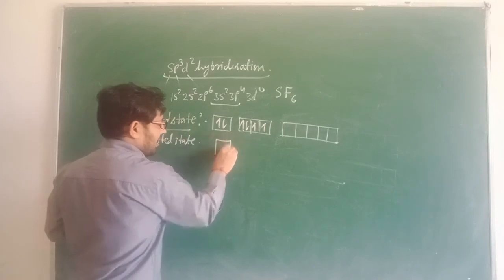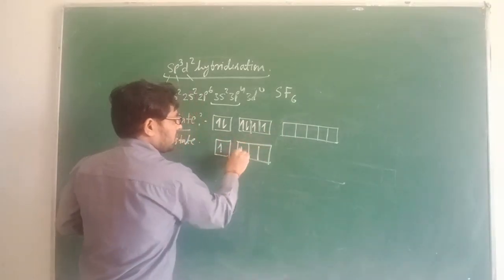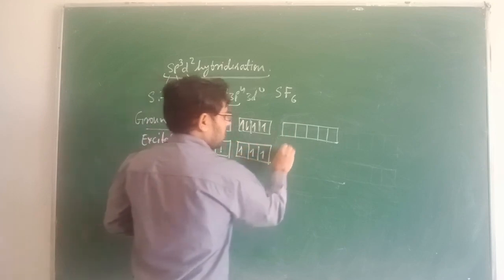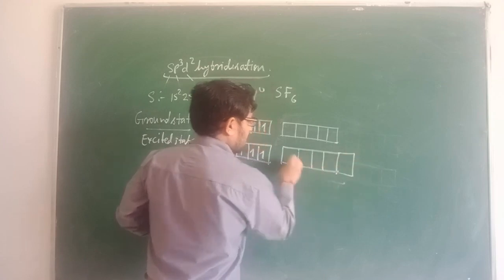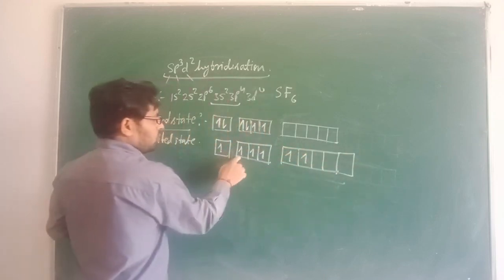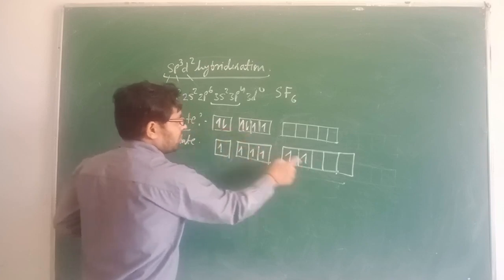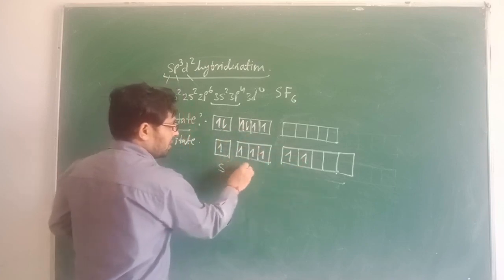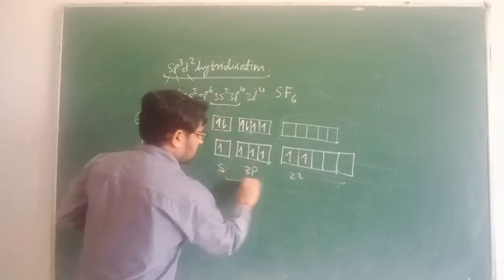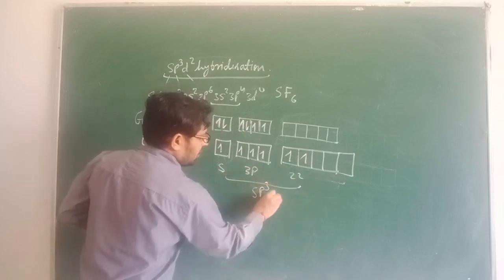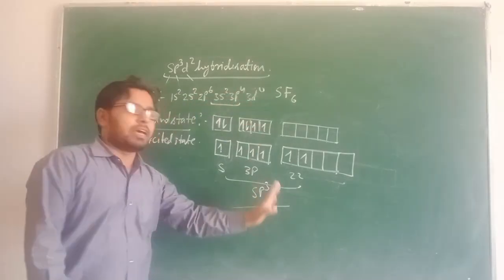So we have 1 s orbital, 3 p orbitals, and 2 d orbitals. So the hybridization is sp3d2. In SF6, the hybridization of sulfur is sp3d2.